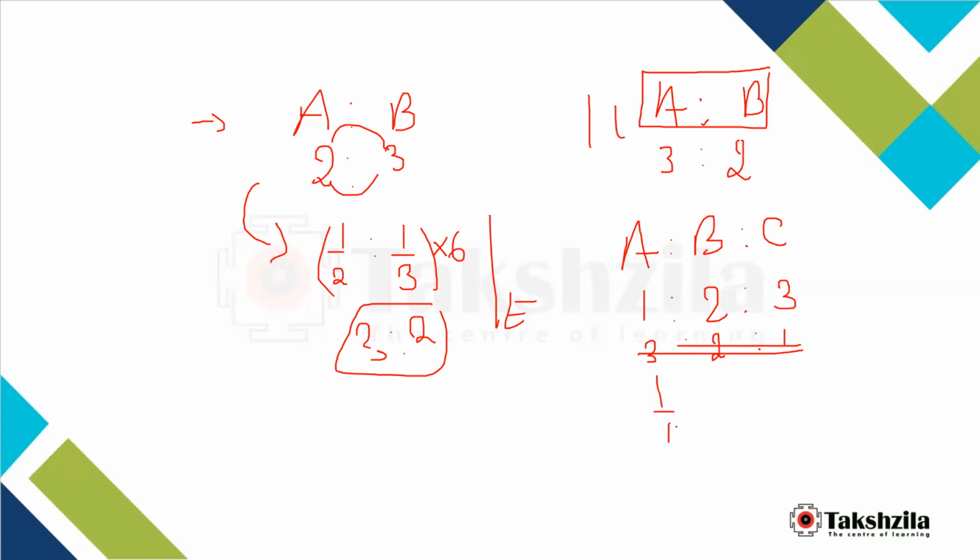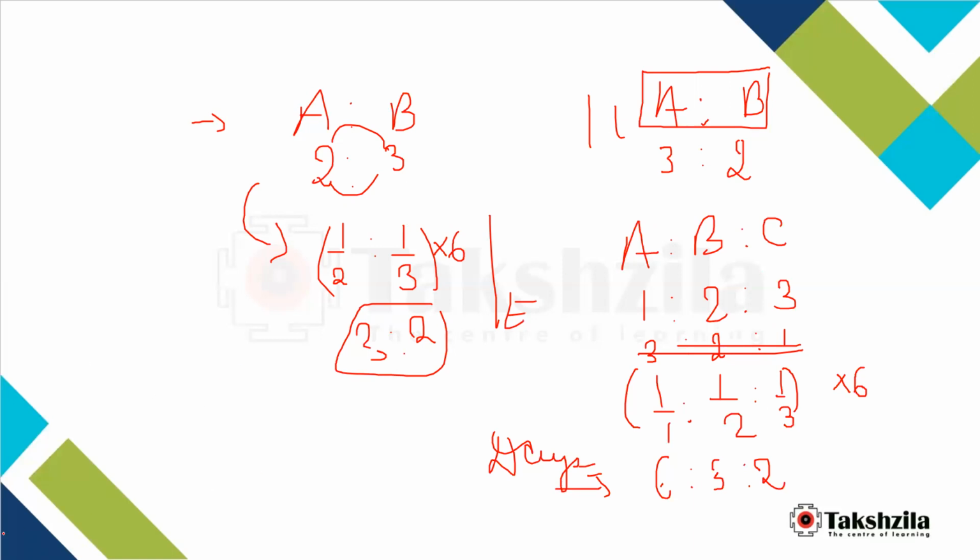What we'll do is we'll write the inverse of the numbers given. So 1 will be written as 1 by 1, 2 as 1 by 2, and 3 as 1 by 3. Now to remove the denominator, we'll multiply by 6. This will be 6 is to 3 is to 2. So basically, this is the number of days ratio for them. Okay, this is how exactly this will be done.